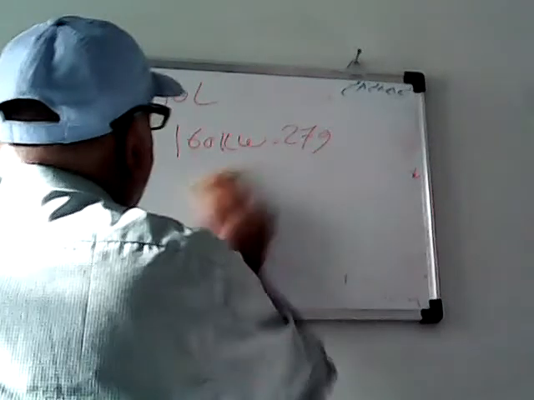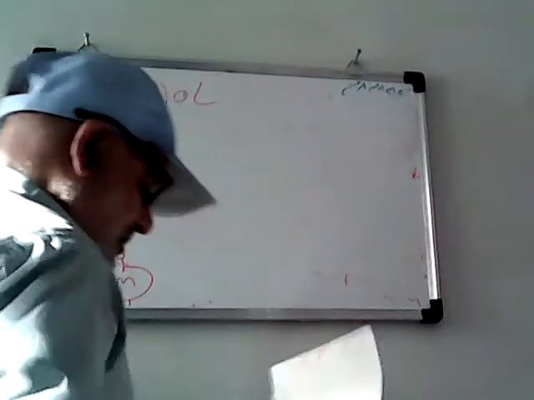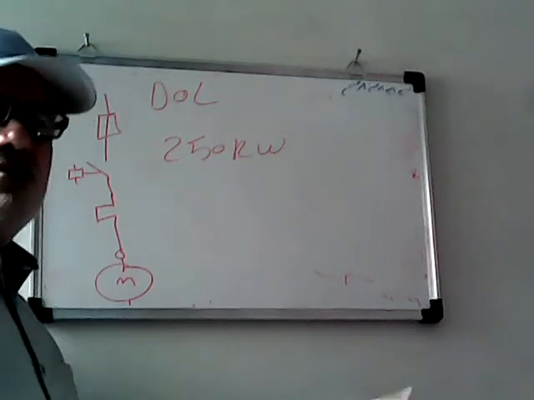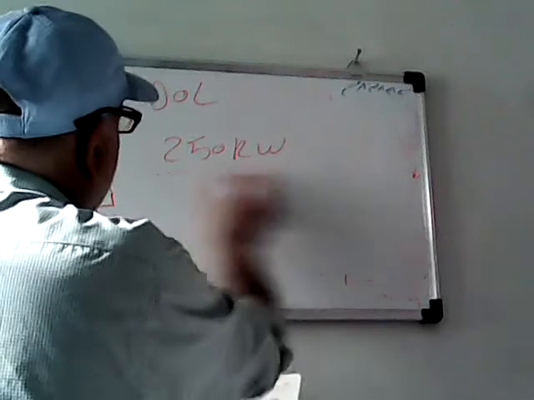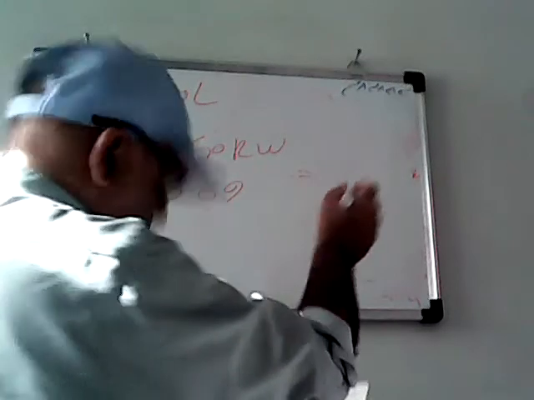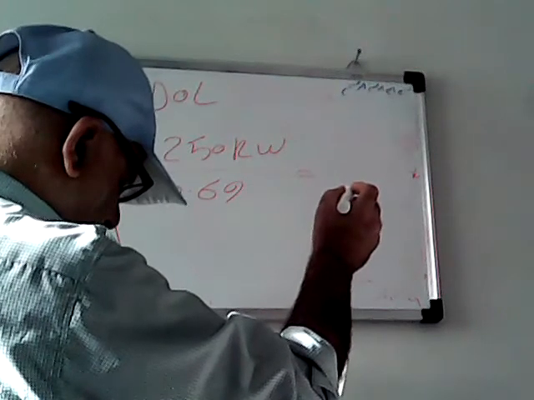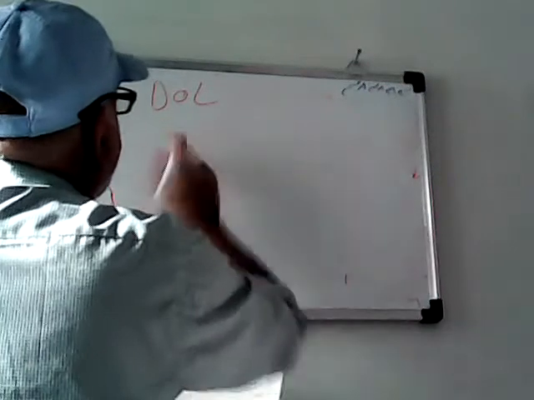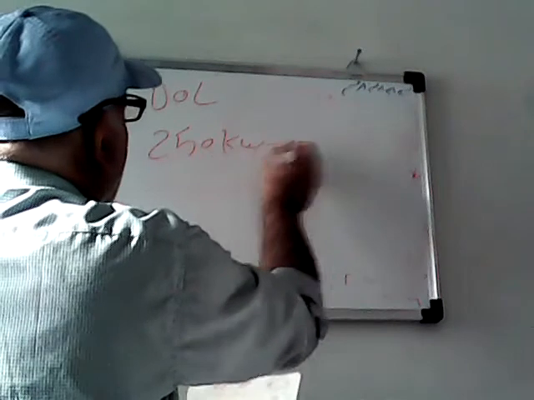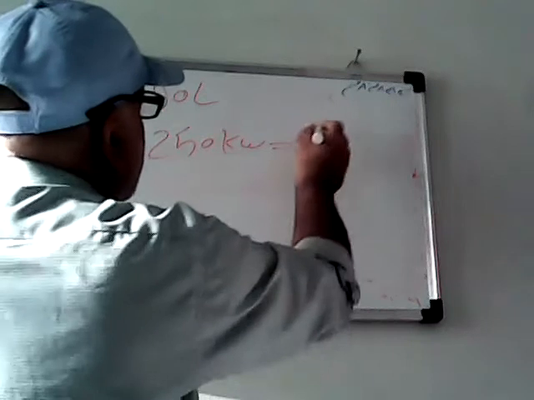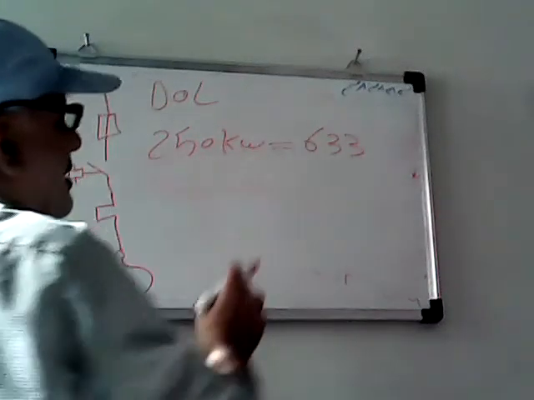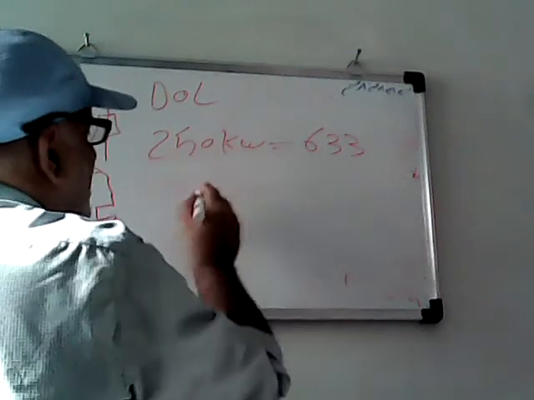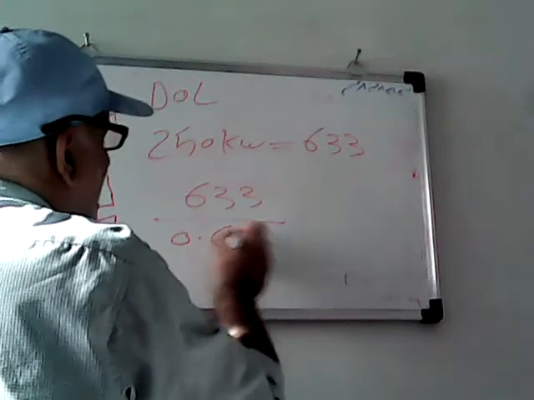Other example, 250 kilowatts. The nominal current in the nameplate of this electromotor is 433, divided by 0.69.